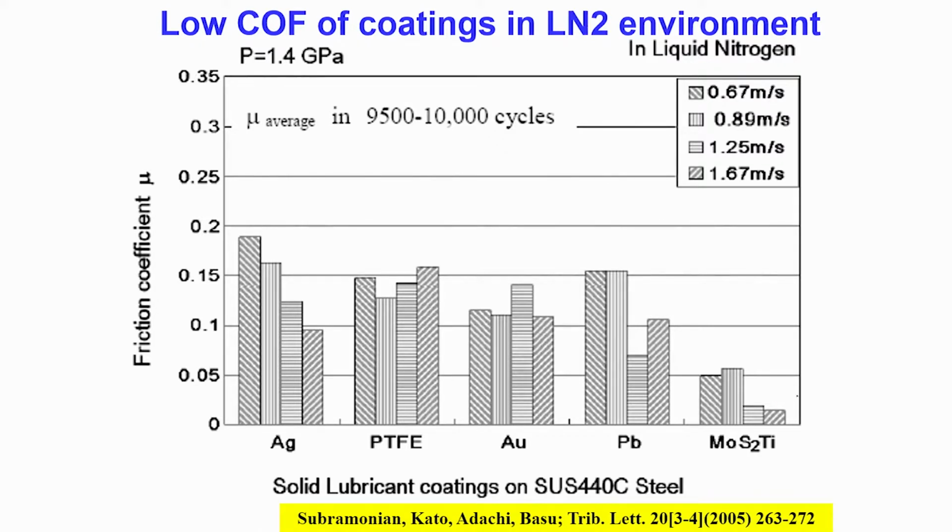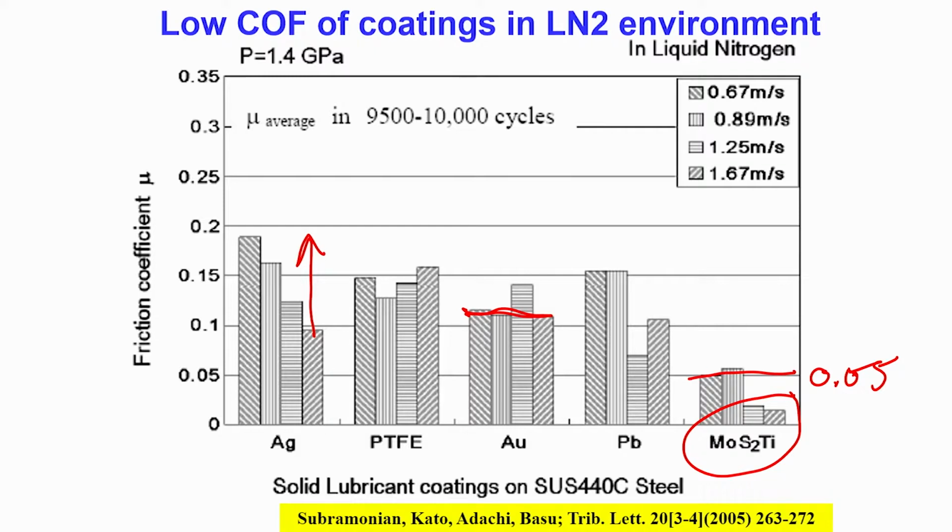What you notice clearly is that MoS2 with titanium, when coated on 440C, has a coefficient of friction of 0.05, which is fairly small and a fairly good value. With simple gold coating, the coefficient of friction is around 0.1 or higher. With silver coatings, it is 0.1 and above, up to 0.17 or so.